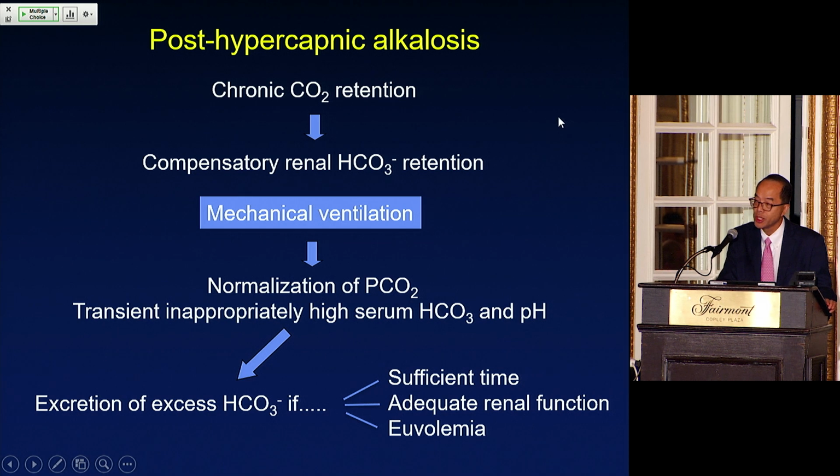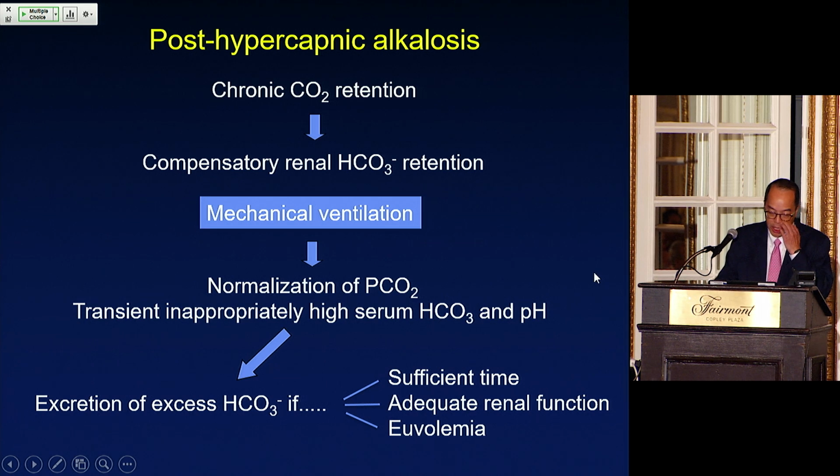If they come into hospital with severe respiratory acidosis and start on mechanical ventilation, one can restore the PCO2 very, very quickly. But the serum bicarbonate would remain high, and so the pH would become very high. And the patient would behave as if they have a primary metabolic alkalosis.